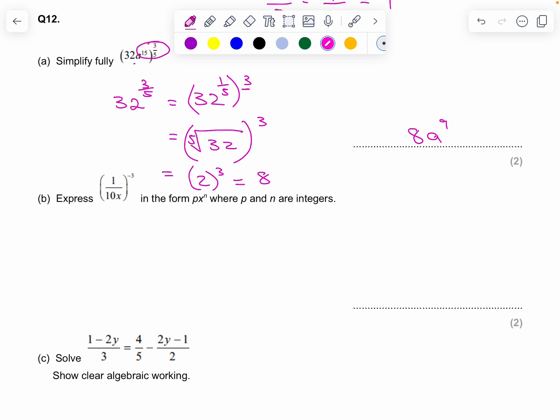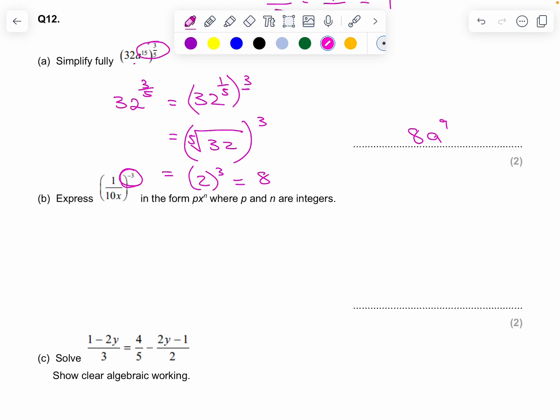Right, B. Express 1 over 10x to the power minus 3 in the form px to the power of n. And I think sometimes you guys get scared when you see lots of letters. Again, it's just one of the index laws that we learned. We learned that when it's a negative index, we find the reciprocal.